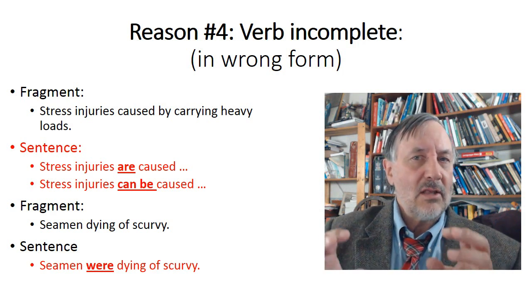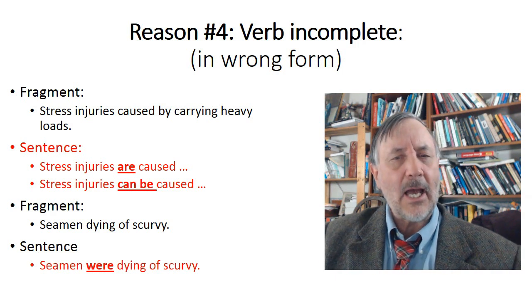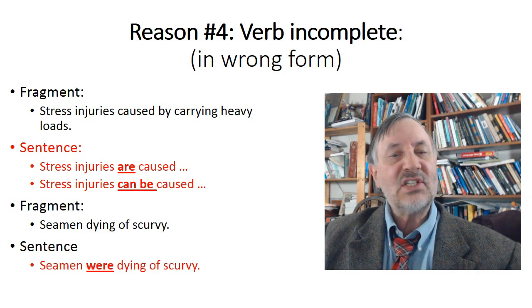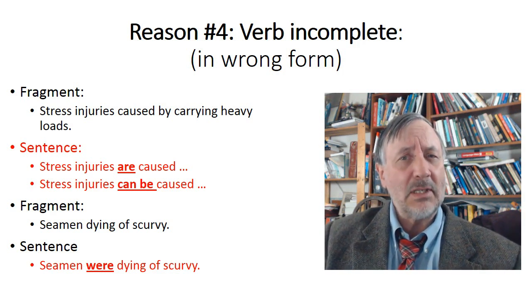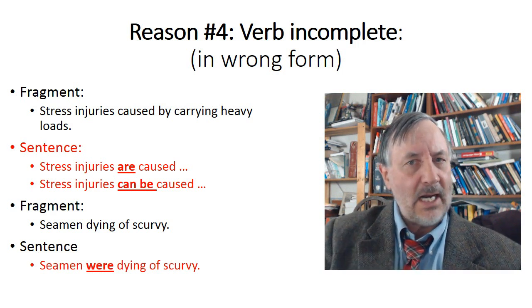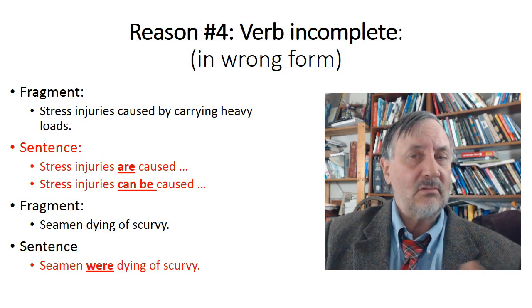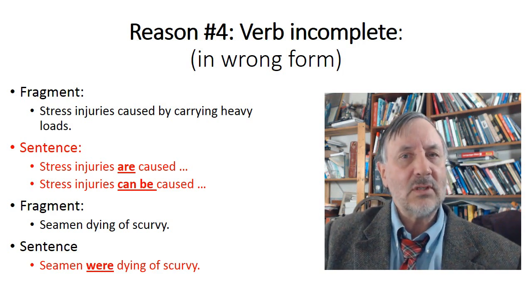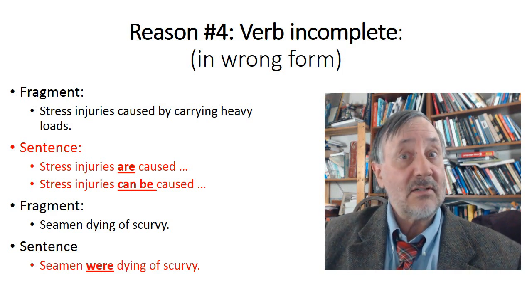You see, the verb isn't complete, and so it's not a sentence. Another example would be seamen dying of scurvy. Well, again: were dying, are dying, have been dying. We have to complete the verb. It's not just a verb in any old form. It has to be a complete verb. And of course, we have to have a verb that agrees with the subject. But without that, we have a sentence fragment.